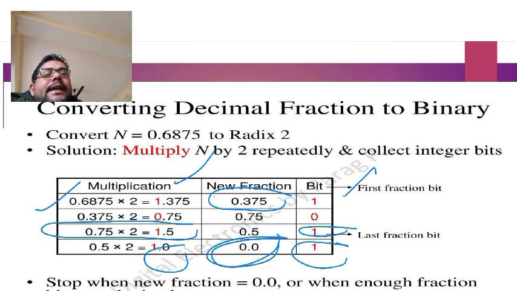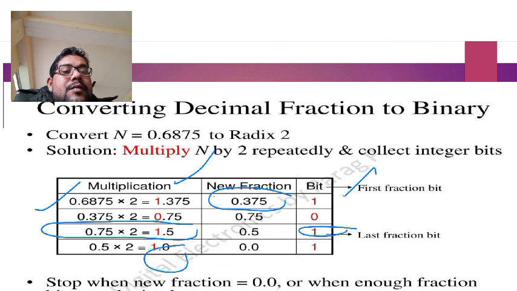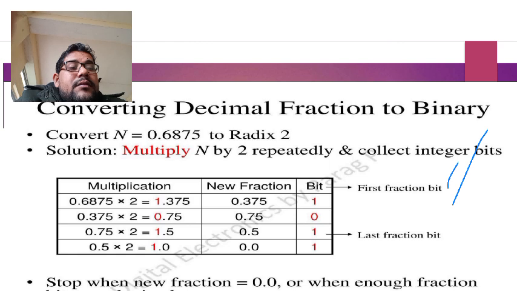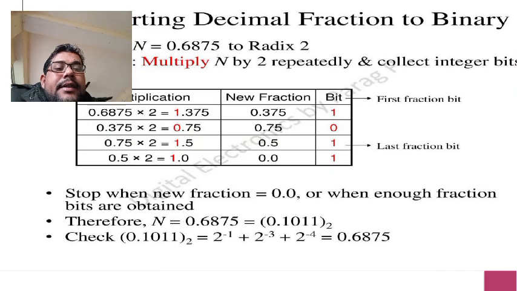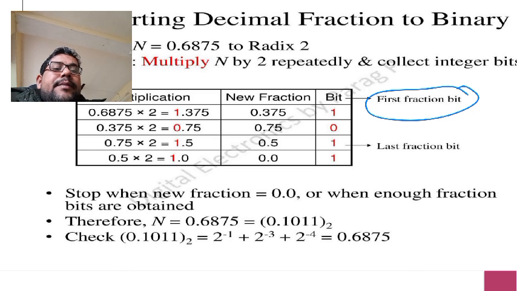In this way we can calculate, and the result is 0.1011 in binary.